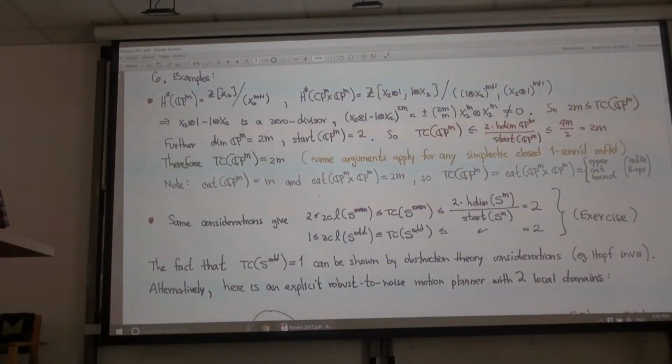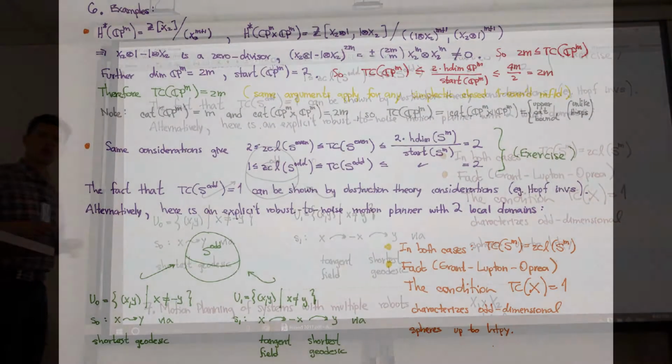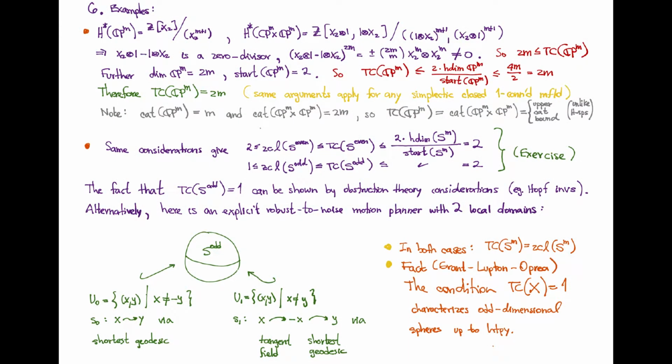And in order to do that, you can apply some more elaborate obstruction theory argument, or more simply, just construct an optimal motion planner with 2 sections. And that's given just as follows.